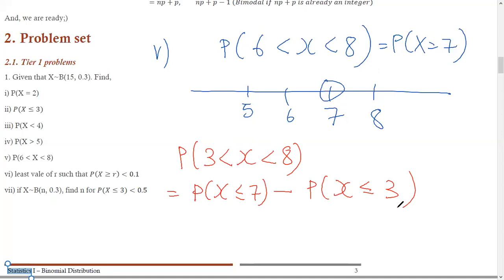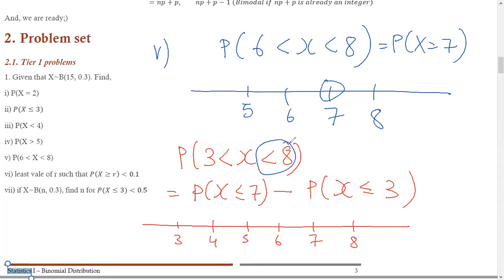You can actually draw the number line. Let's say it has the values 3, 4, 5, 6, 7, 8. So between 3 and 8. Let's look at the first part first, the 8 one. This must be less than 8.